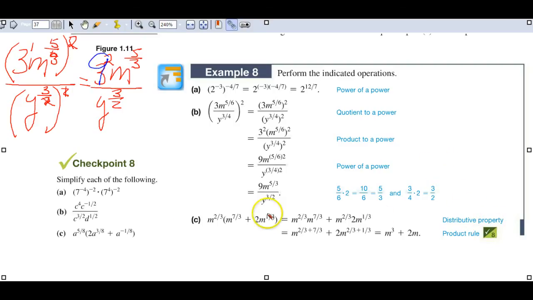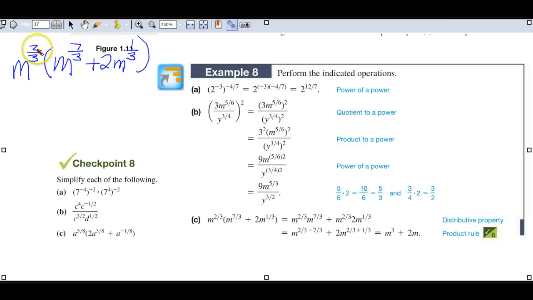All right, let's set up letter C. So here we're just distributing, and this will become m. Nothing cancels out. We're going to add these together. This will be 9 thirds. Because we're not multiplying, we're adding exponents here.